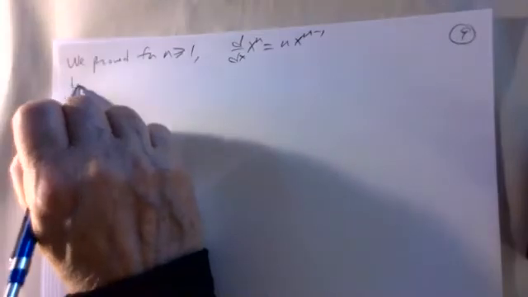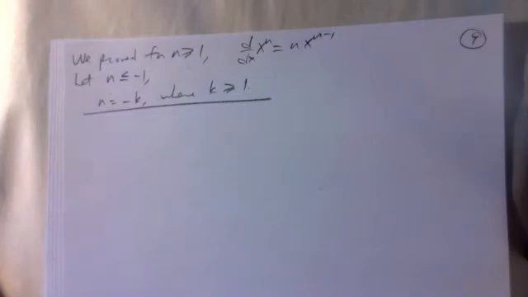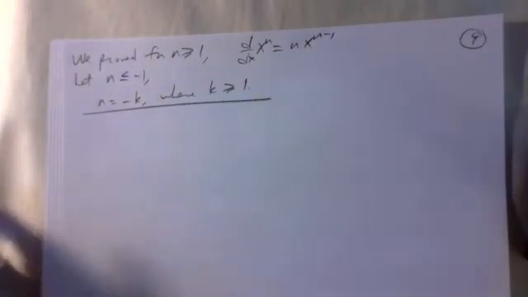So suppose let n be negative, and if it's negative, you can write n as minus k, where k is a positive integer, right? I mean, every negative number is minus some positive integer, like minus 2 is minus 2.